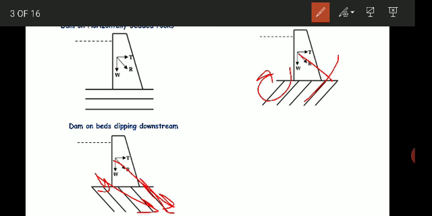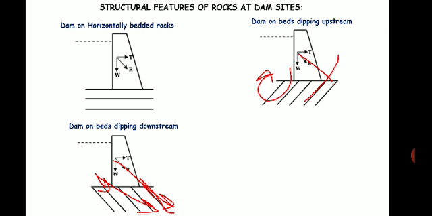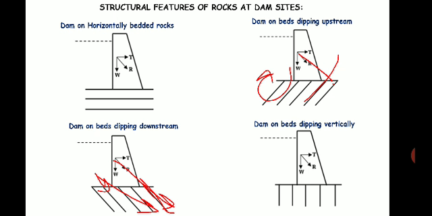Then the next case is the dam on beds which are vertical. In nature, the occurrence of perfectly vertical beds is very rare. Okay, and it will cause some leakage, and if we take proper precautionary measures, then this site can be improved for the construction of a smaller dam.